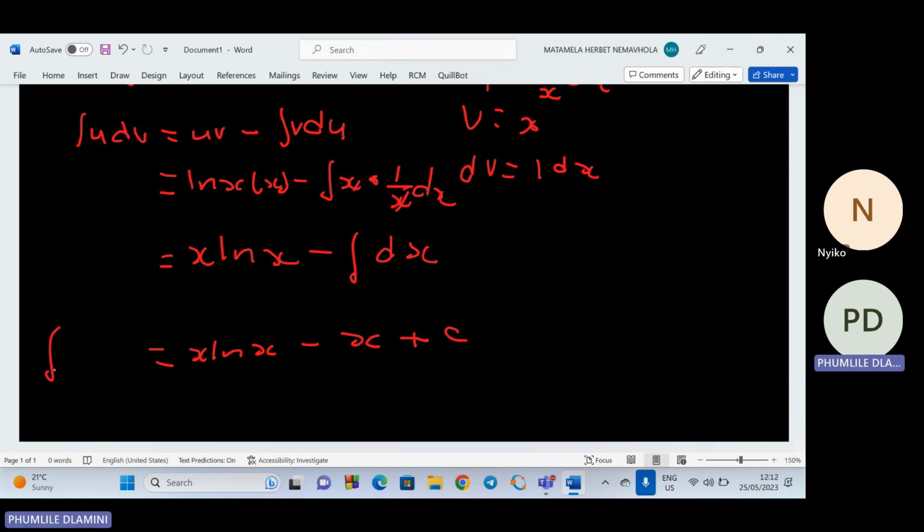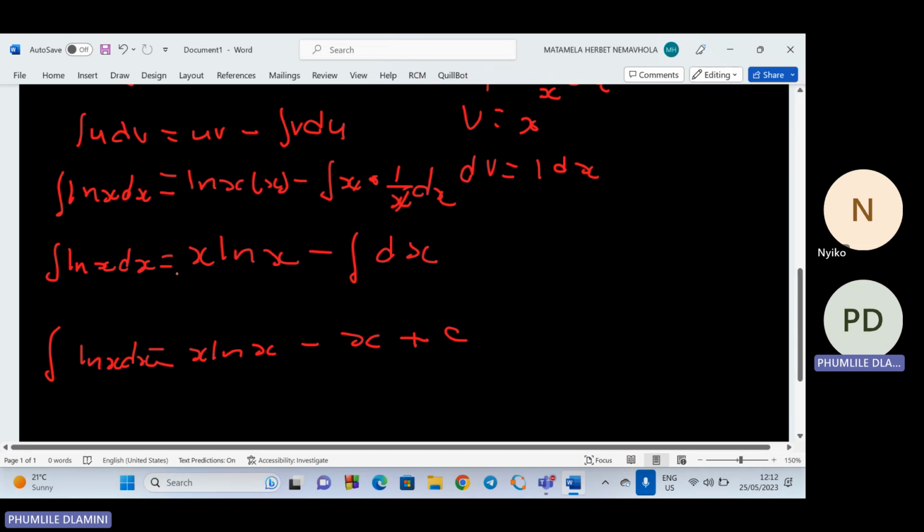So this is the integral of ln x dx. So that's how we get the integral of ln x using integration by parts.